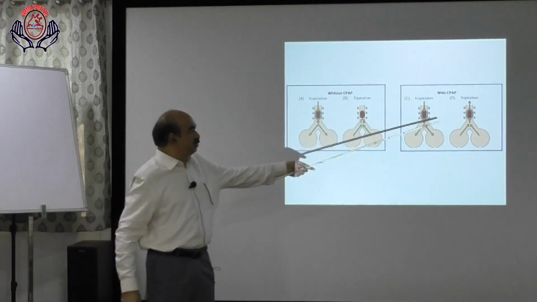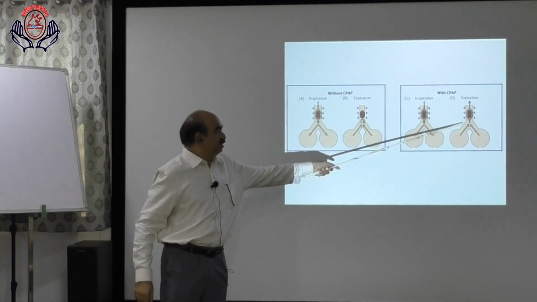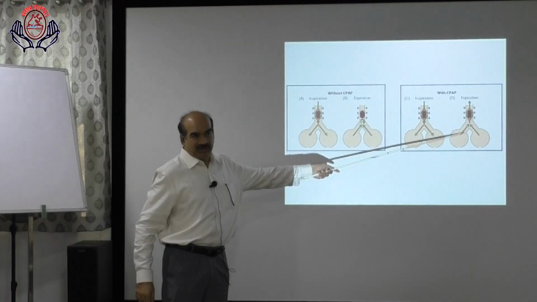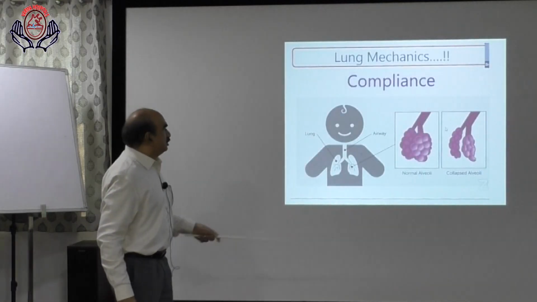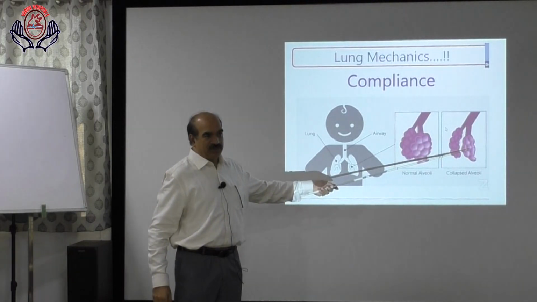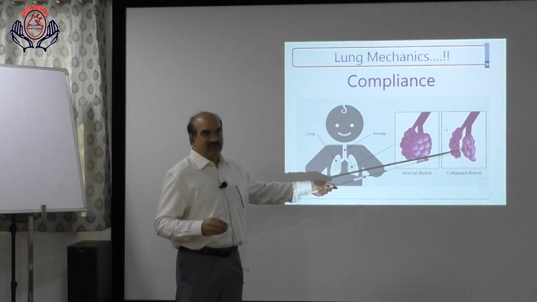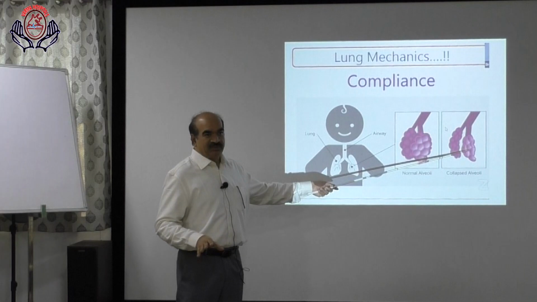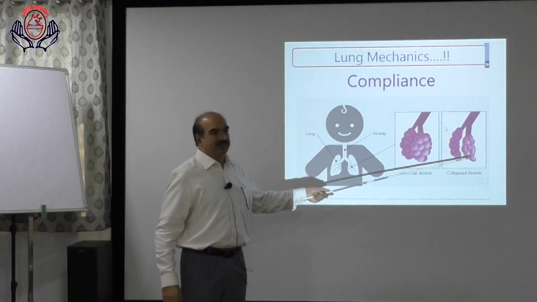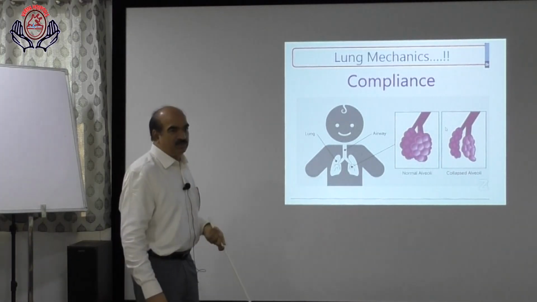But if you maintain CPAP, expiratory flow will be maintained and alveoli are opened. So, normal alveoli, collapsed alveoli. If you maintain CPAP, continuous positive airway pressure, the alveoli will be opened. There will be recruitment of alveoli, clearance of fluid, the ventilation perfusion ratio will become normal, and intrapulmonary shunting will be reduced. That is the advantage of CPAP.